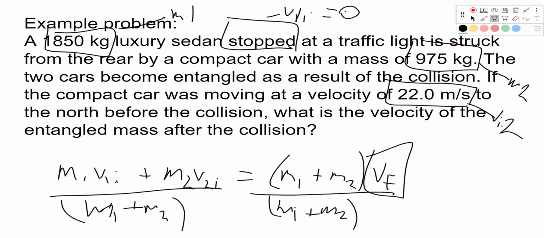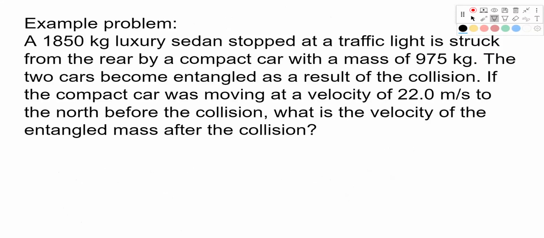So if we go ahead and run it then, let's say velocity final of both cars squished together is equal to our mass of 1, which we said was 1,850 kilograms, times our initial velocity, which was 0 meters per second.